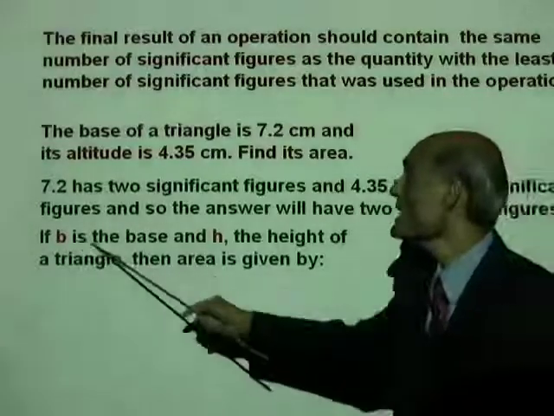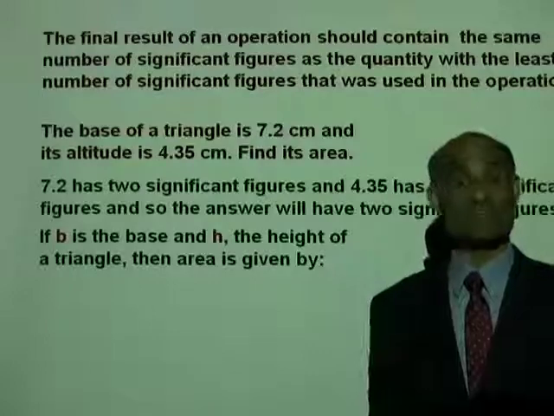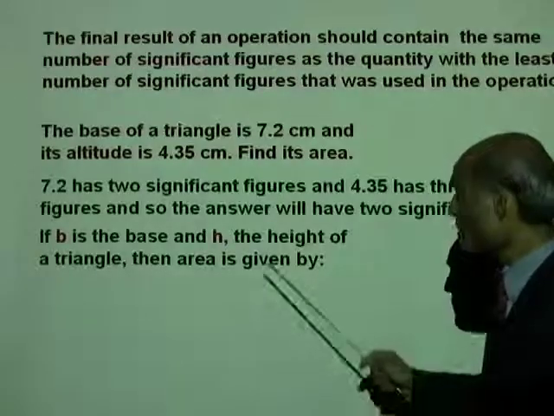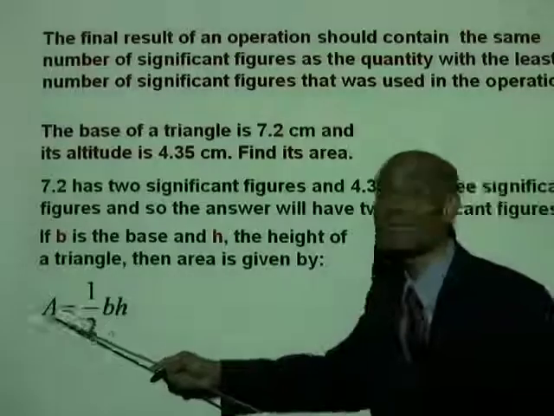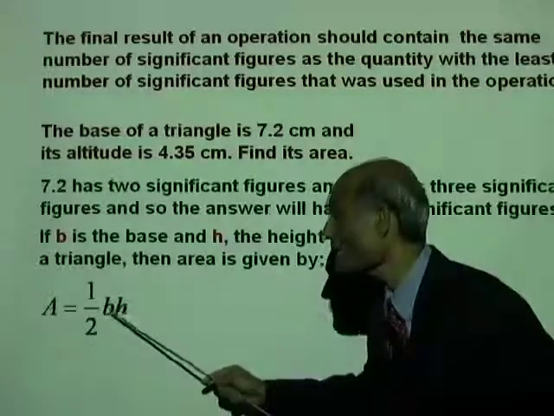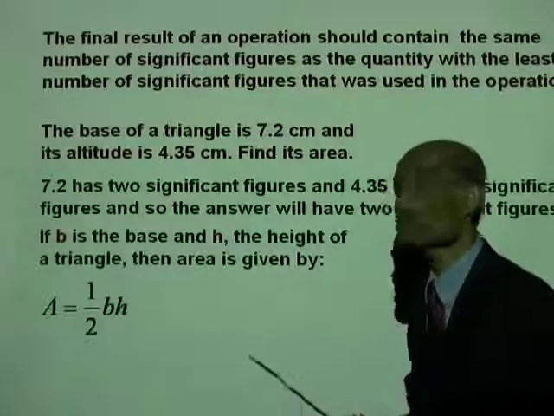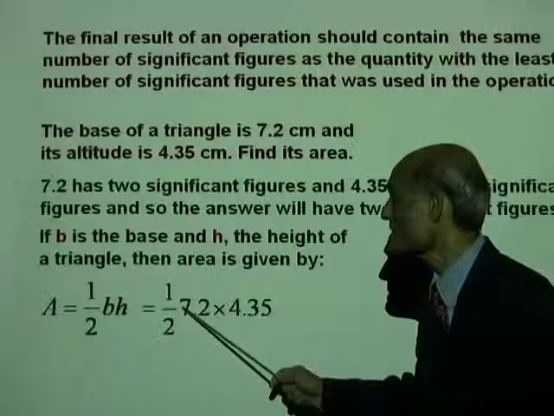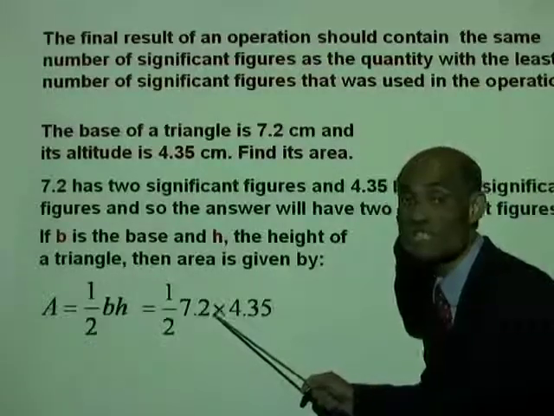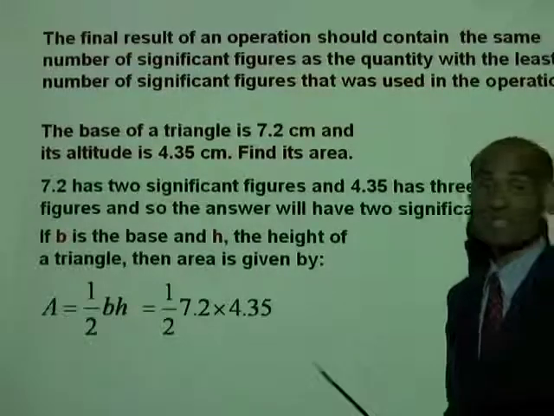Alright? If B is the base and H is the height of a triangle, then the area of the triangle is given by A equal to 1/2 of BH. Well, we know the base, we know the height, so that will be 1/2, 7.2 centimeter times 4.35 centimeter.